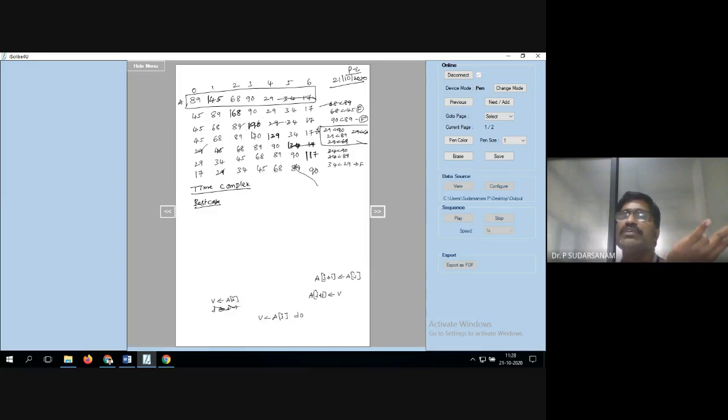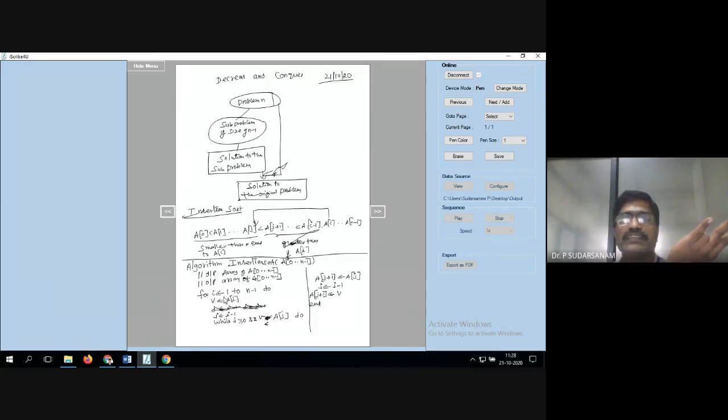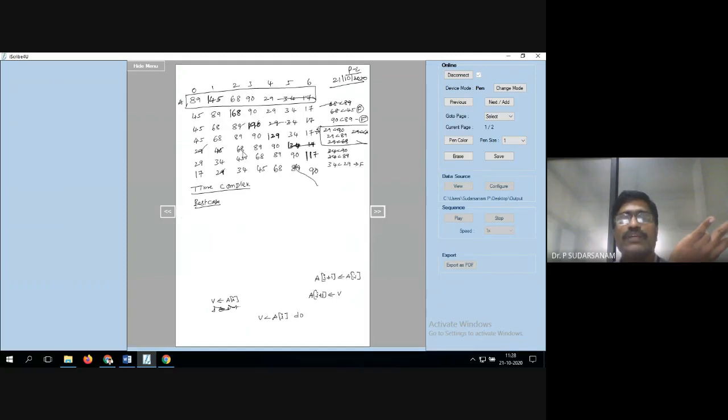So that means no need to check all the values. That is the reason only one loop is doing the work, that is this loop, so i goes from this one. Not even a single operation you are doing in this case. That is called the best case. If the elements are in ascending order, no need to do any operations.